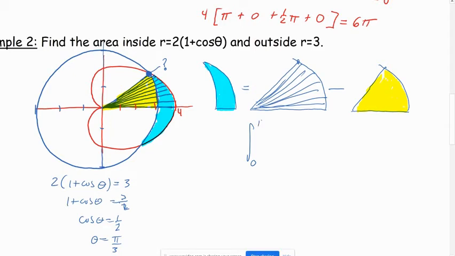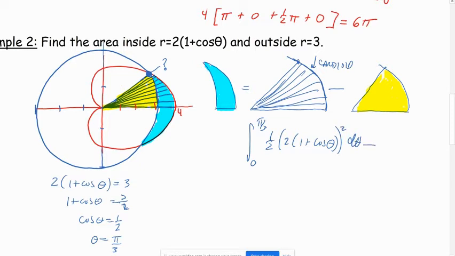And so we're going to go to pi over 3 and 1/2 r squared. So this curve along here is the cardioid. And so that's going to be 1/2 of 2 times 1 plus cosine of theta squared d theta.